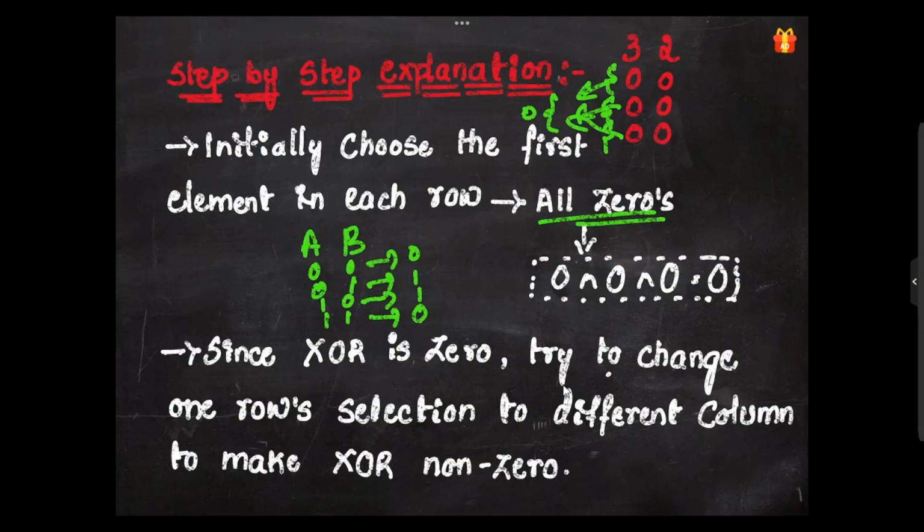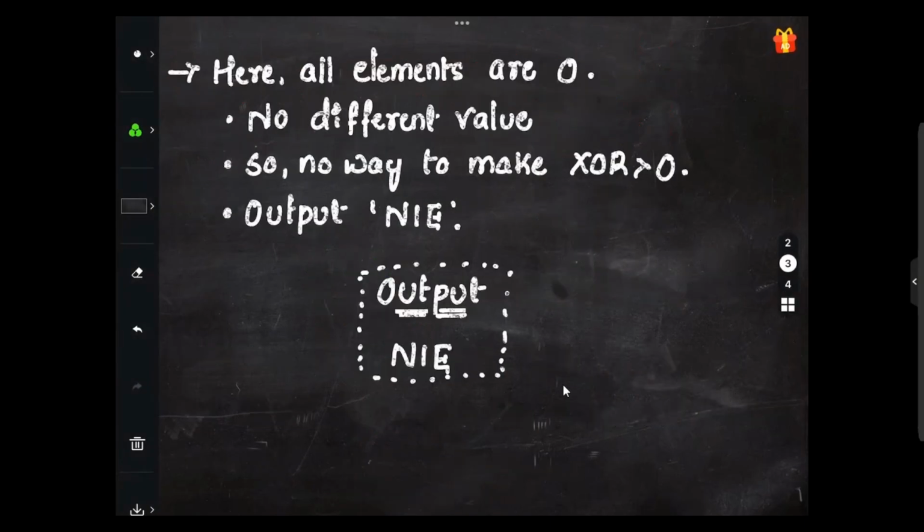So here in this case, since XOR is 0, we need to try to change one row's selection to a different column to make the XOR non-zero. Let's try to do that, right? In the next step, here all the elements are 0, because we have strictly been given 3 2 0 0 0 0 0.